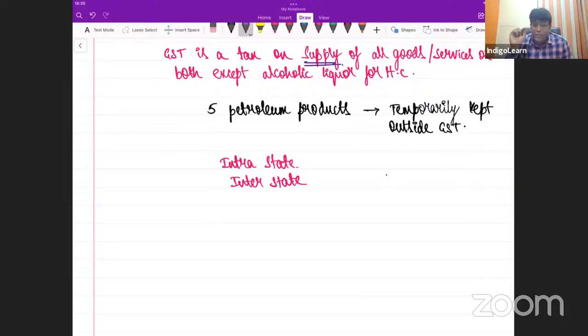You have to get that small difference between France and Canada. In the exam, when this question came, students got excited and wrote France. But let me tell you, France is the first country to introduce GST, way back in the year 1954.